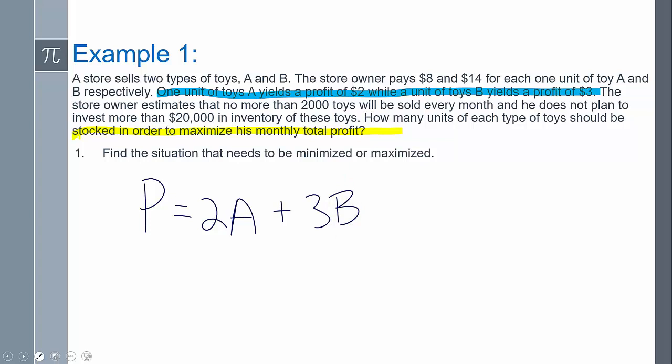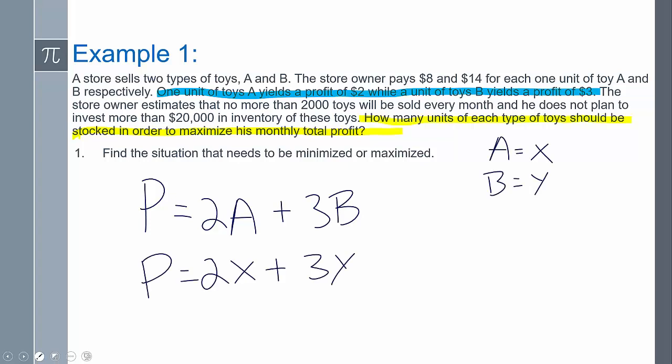And so those would be multiplied together. Like if I sell 2 toy A's, well, $2 times 2 gives me $4. And it's kind of easier for us to relate it to X and Y. And so if I say A is X and B is Y, then I can say my profit is 2X plus 3Y. This is the situation that I need to complete.